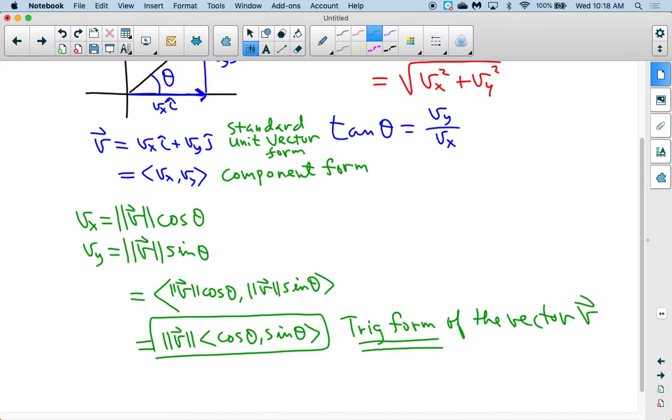Okay. So there are three forms: standard unit vector form, component form, and trig form. Okay, you get used to those and review these pictures as you need to as we're working through problems here. All right, let me do just a few more here.